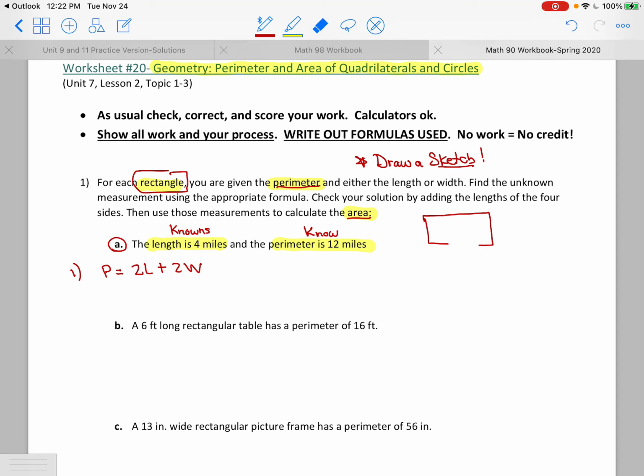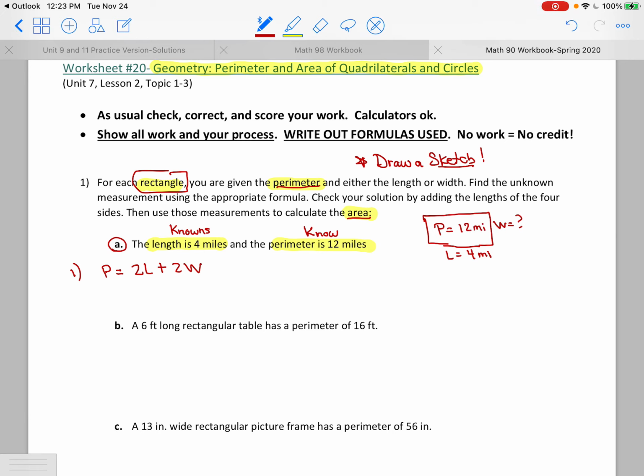Whoopsie, that's not a 4. So my length is equal to 4 miles. My width is equal to my unknown, right? That is my unknown right now. And the perimeter, so the distance around, I'm going to write that inside, is 12 miles.